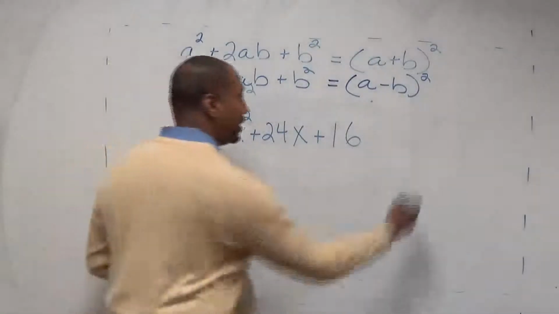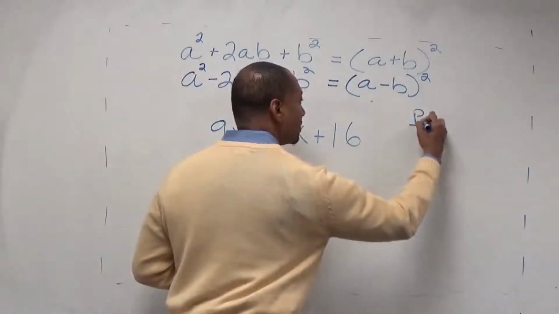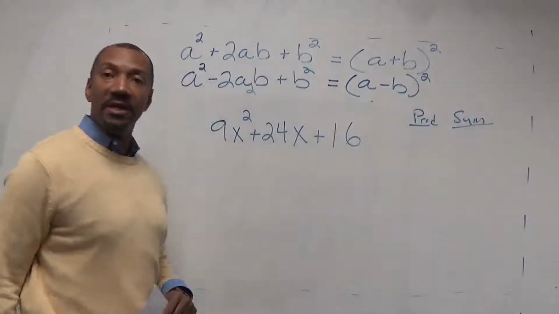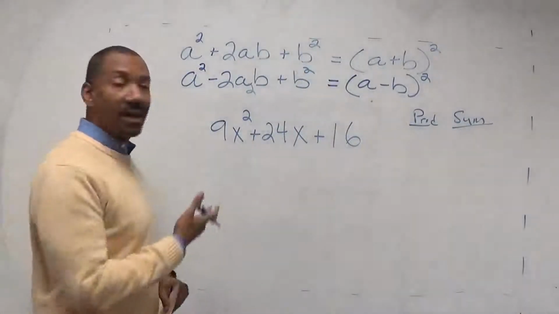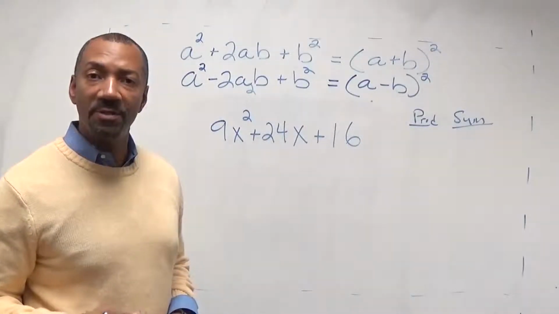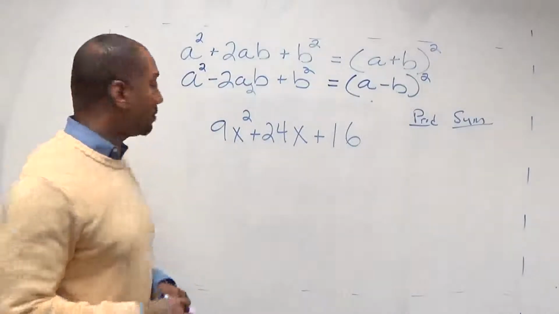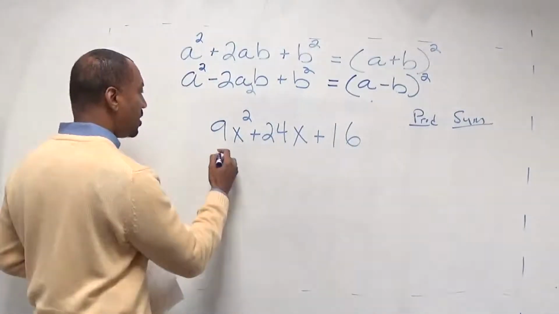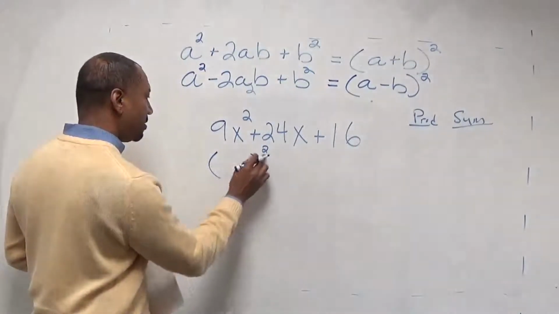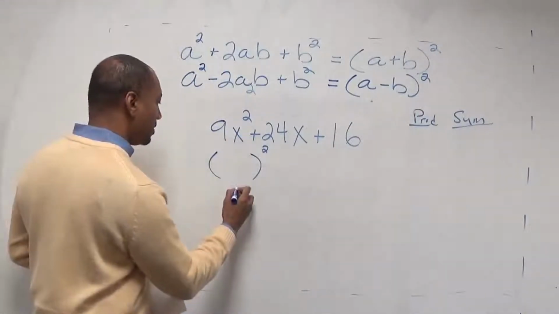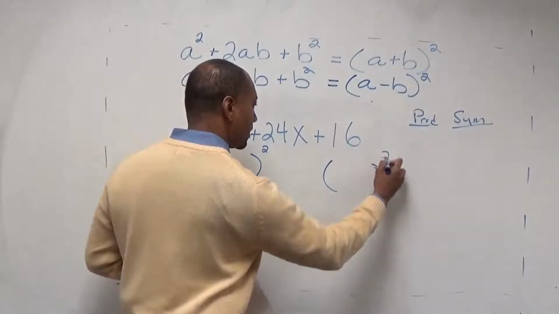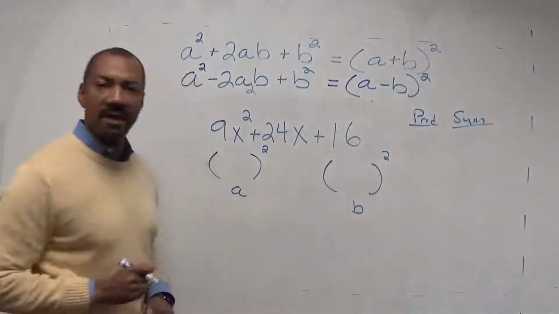Yes, you could do product sum, but before we go into all of that work, let's just see if this will be one of those perfect square trinomials, and maybe we'll get our answer really quick. Okay, so let's see. I'm going to have to put something in here to square it to get back 9x squared. That'll be my a. That should be my b.